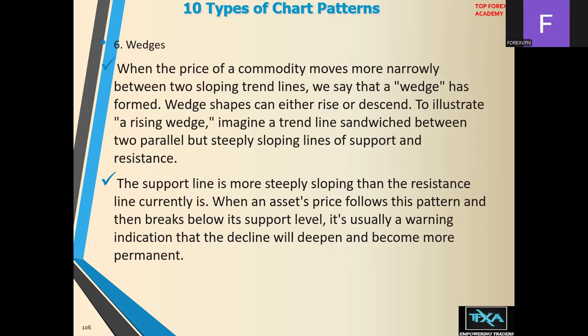The support line is steeper than the resistance line. When an asset's price follows this pattern and then breaks below its support level, it's usually a warning indication that the decline will deepen and become more permanent.